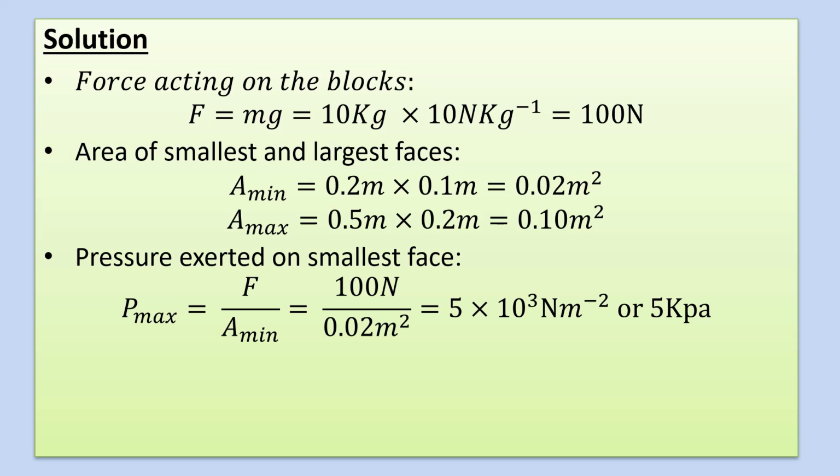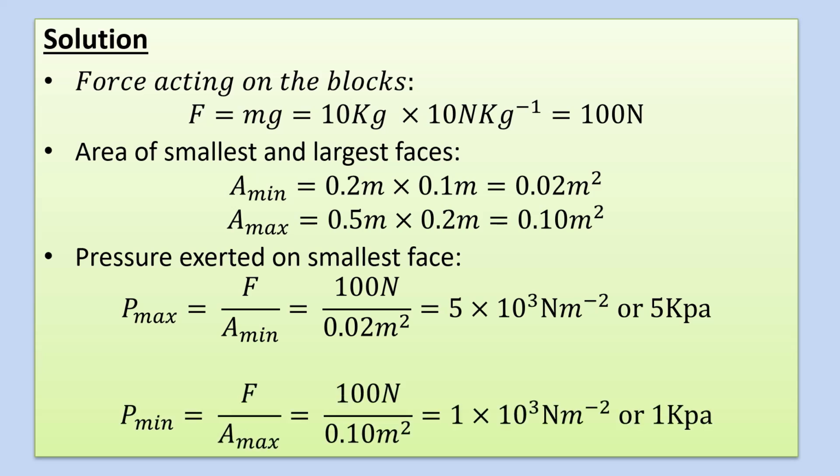It's equal to force divided by the minimum area. We said that pressure is inversely proportional to area. That's why P max corresponds to A min. And we get 5 times 10 raised to 3 newtons per square meter, which is the same as 5 kilopascals.